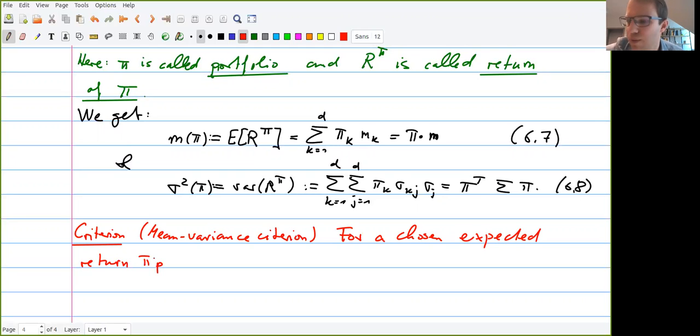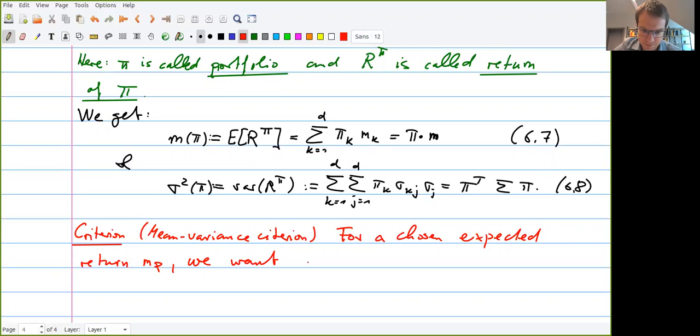So we have our target. We fix the level of expected return we want to generate. And then we want to find the portfolio which gives us this expected return MP with the minimal variance.